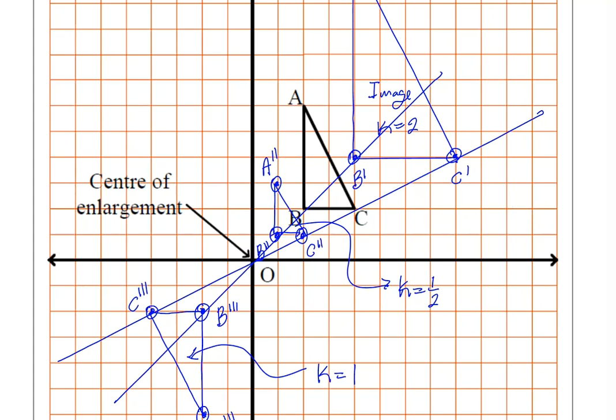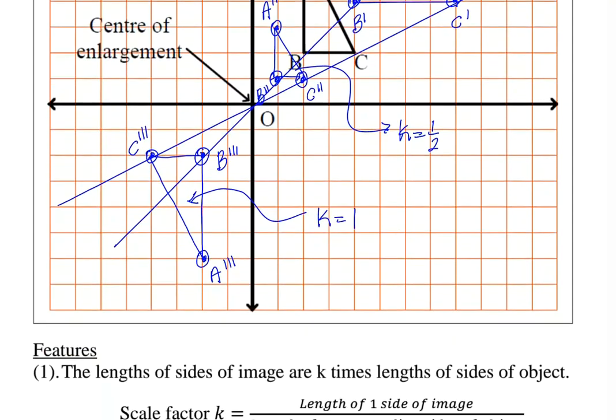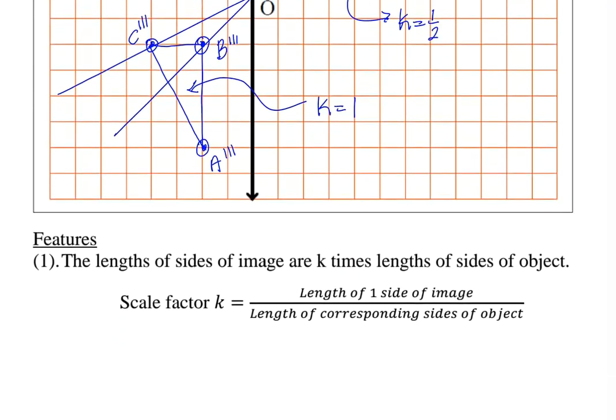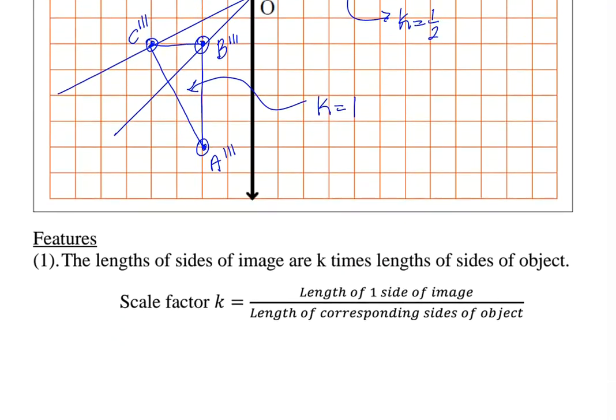All right. So let's go down and list some features of an enlargement. Feature number 1: the scale factor K is equal to the length of one side on the image over the length of the corresponding side on the object.